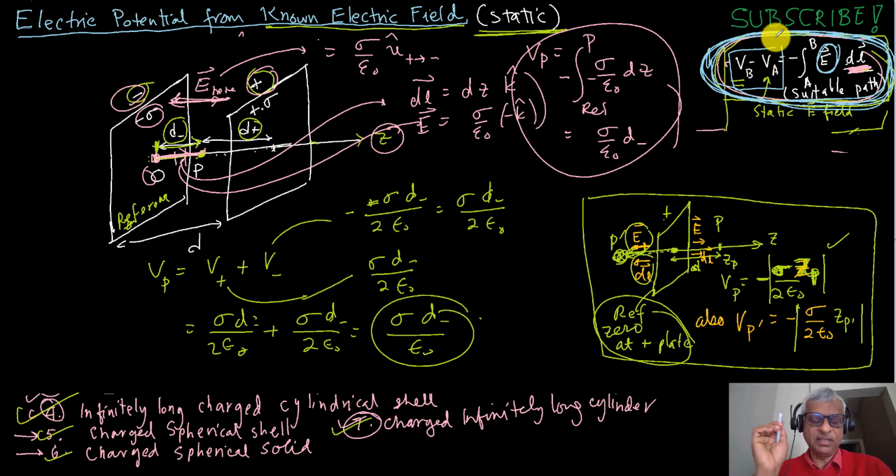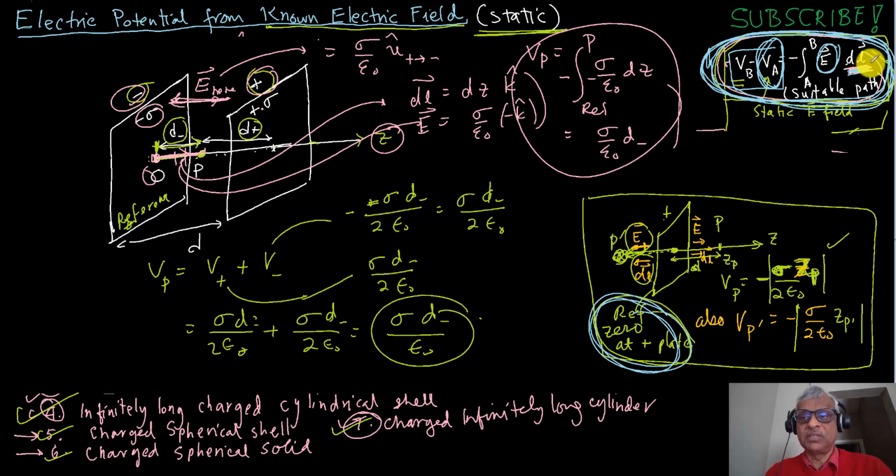The second thing I wanted to do was to show you the nuances of how you set up the references. The reference comes with choosing where to place point A so that VA will be 0, and that has to do with how we choose dL.